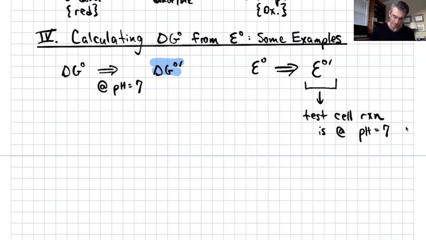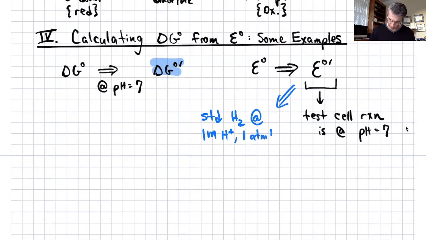So these standard reduction potentials, or epsilon not prime values, are still referenced to the standard hydrogen electrode at 1 molar proton, 1 atmosphere hydrogen gas, right? So the reference when you see these standard reduction potentials at pH 7 is only referenced at pH 7 to the test cell reaction, right?